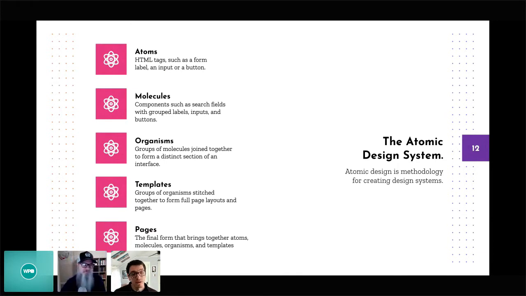How does that section fit into a page? And the benefit here is that you're promoting consistency and scalability. Starting small and scaling up, you're creating a system right out the gate instead of designing after the fact.